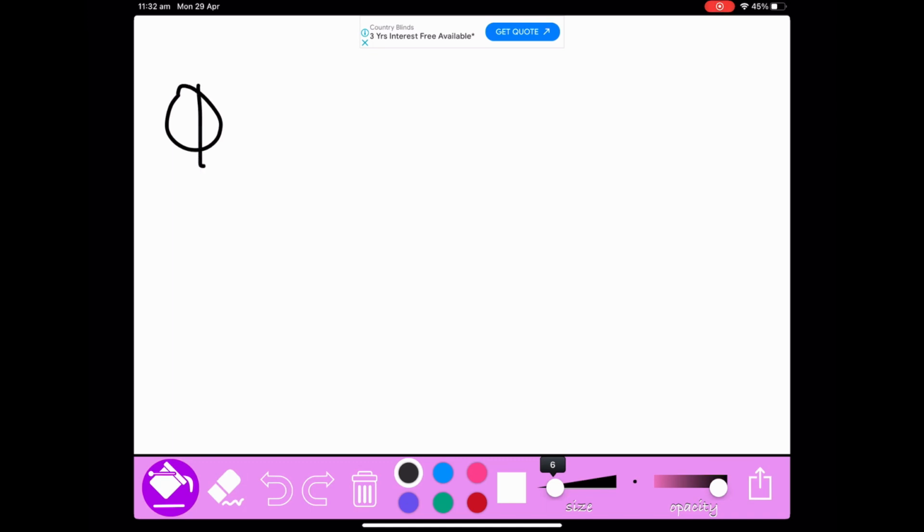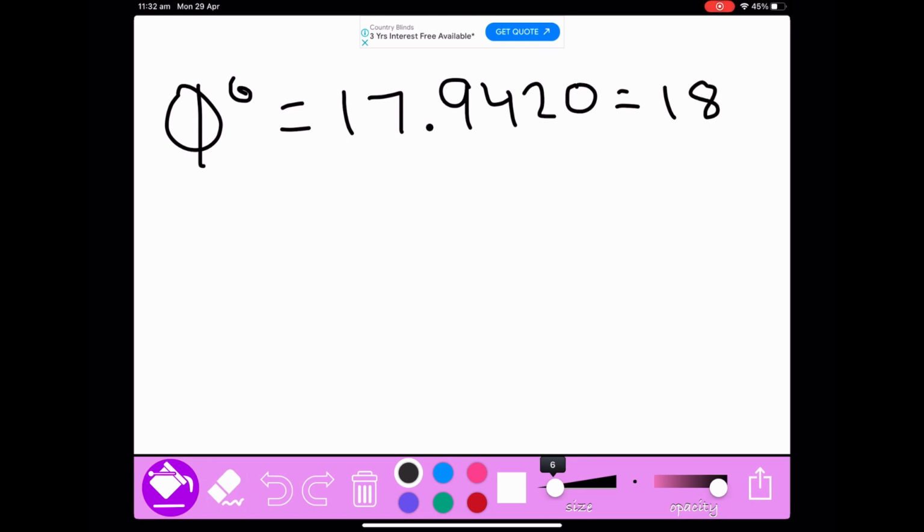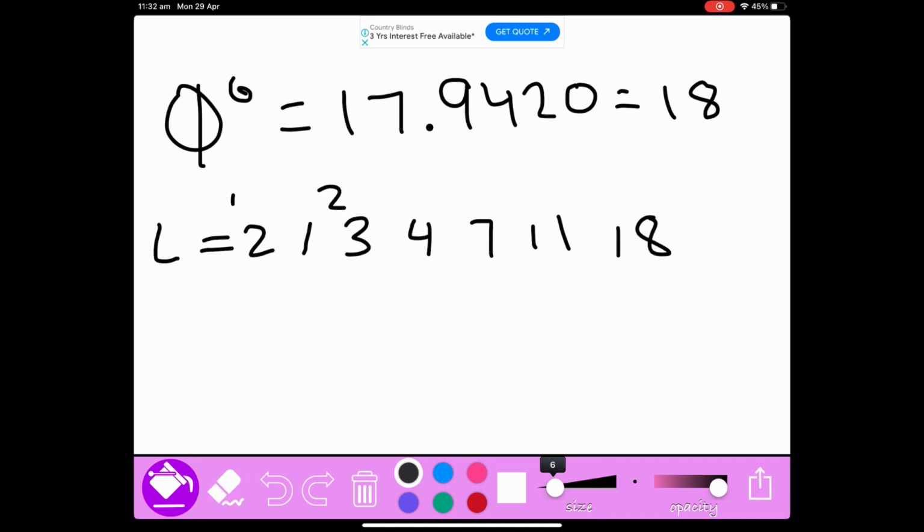Let's do it to 18. 18 is our sixth number, and we're going to raise phi to the power of 6. So phi to the power of 6 is 17.9420, which rounded equals 18.